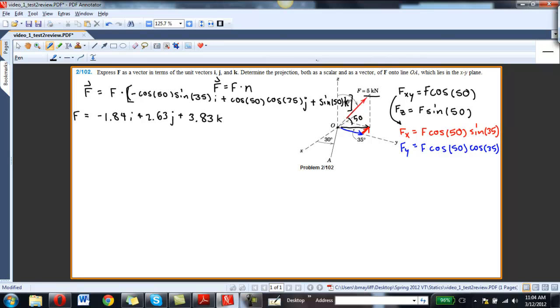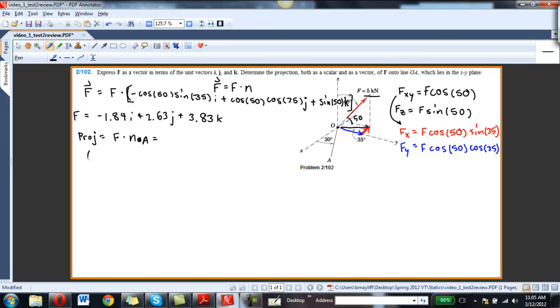So now we have to find the projection both as a scalar and a vector of F onto line OA. So we simply go projection is equal to F dot nOA, and that will give us a magnitude, which would be the scalar.